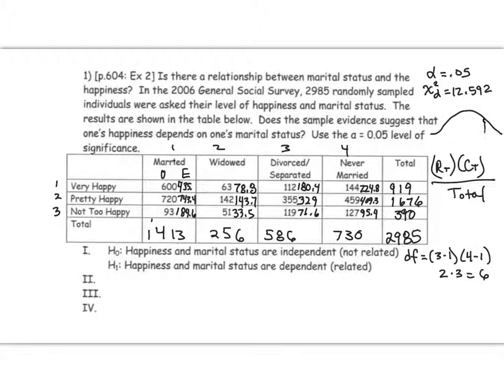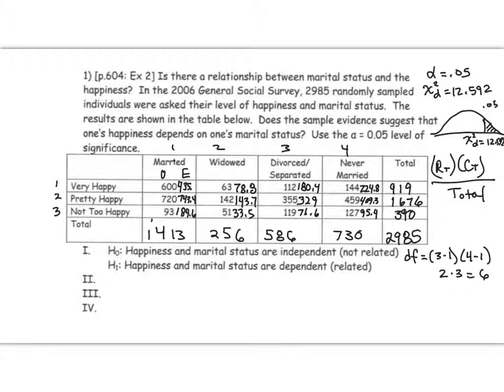And I know that chi-square isn't symmetrical, but just to help those who need a visual, I would have 5% in this end here. That's the critical region. Chi-square alpha is 12.592.